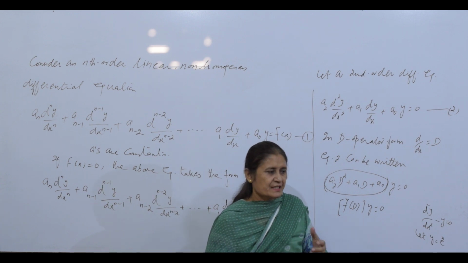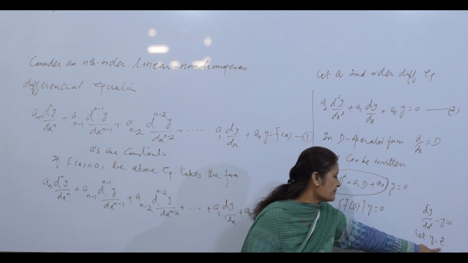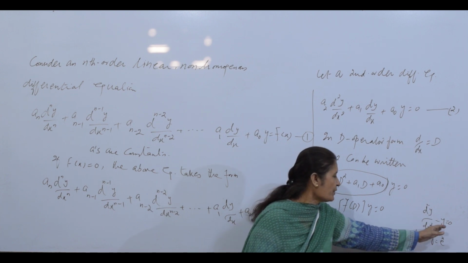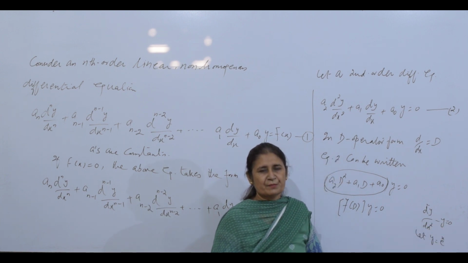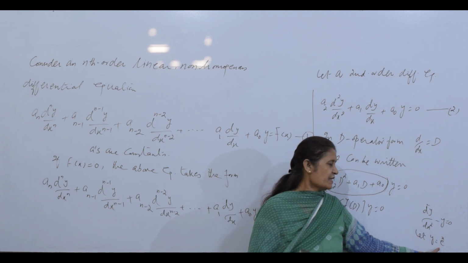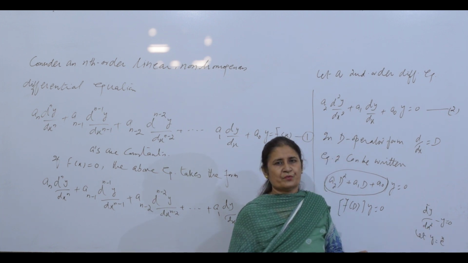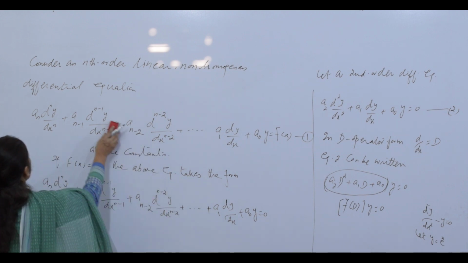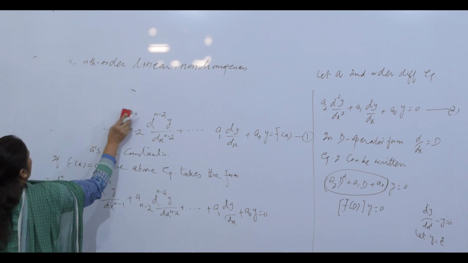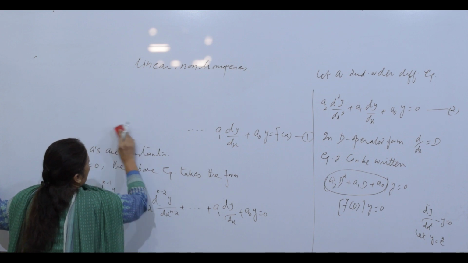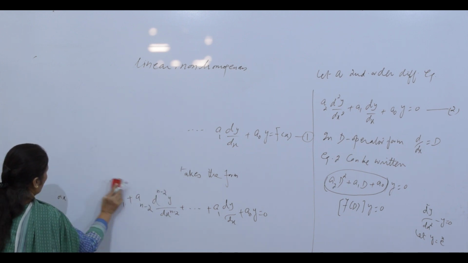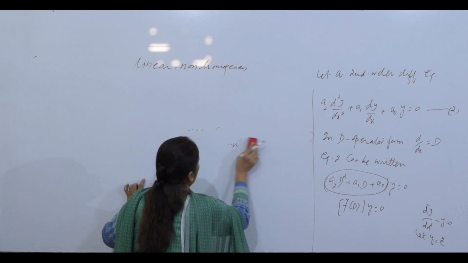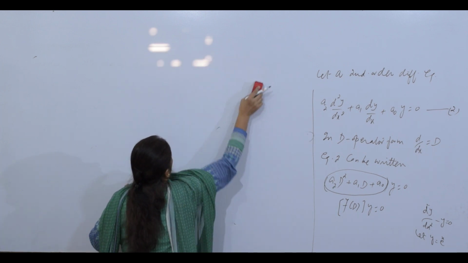I am guessing y is equal to e^x is a function whose double derivative is e^x, and once you put it here, you get 0. It means if the equation is satisfied, the given function is a solution of it. So similarly, we are defining the solution of a second order homogeneous linear differential equation.